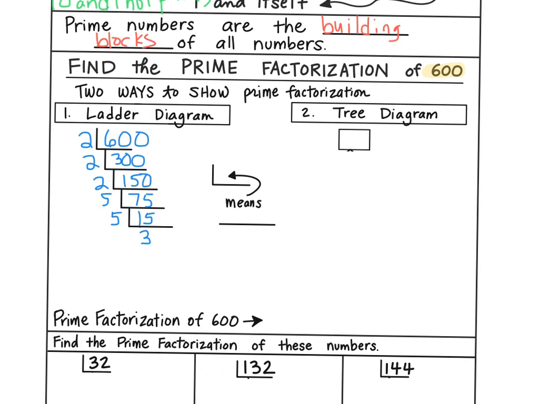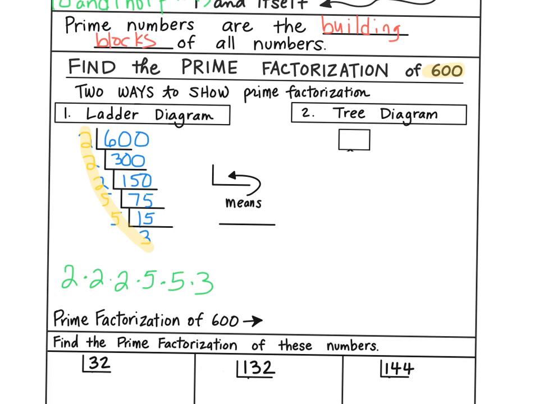And then our prime factorization is just all of these numbers that we have on the outside. So our prime factorization becomes 2 times 2 times 2 times 5 times 5 times 3.